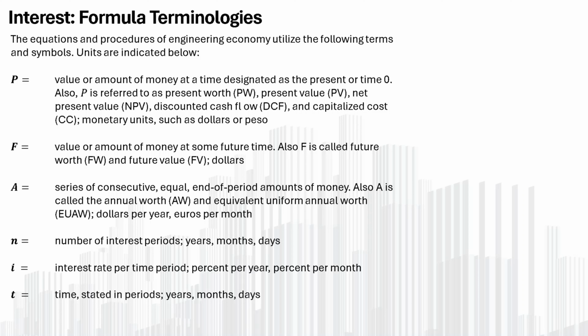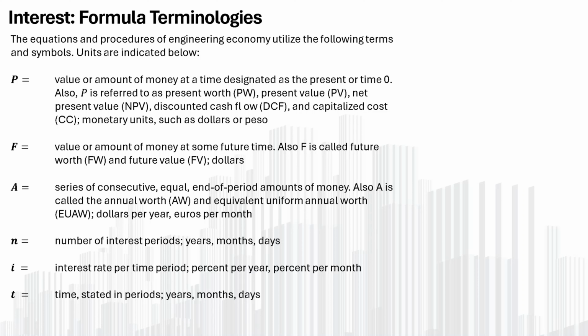Okay, and then for N, that is our symbol for number of interest periods. That could be years, months, and days. Then of course we have I, which is interest rate per unit time per time period. That's percent per year, sometimes percent per month. And we have time here in general.